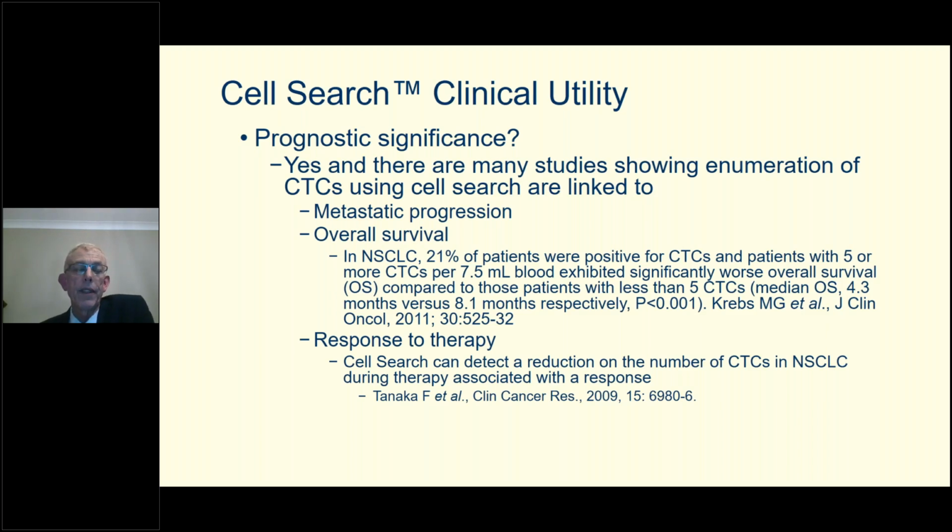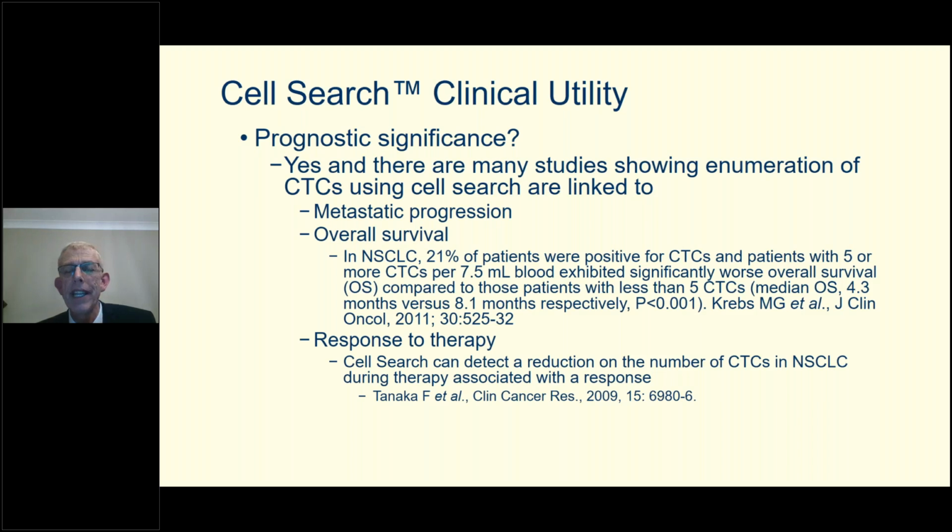One example I've given was in terms of overall survival, where in non-small cell lung cancer there was an evaluation of the number of CTCs within a defined unit of blood that might be associated with worse or better overall survival. The data coming out of these studies and many others is that if you have patients with 5 or more CTCs per 7.5 mL of blood, then their overall survival is significantly worse than patients with less than that critical number.